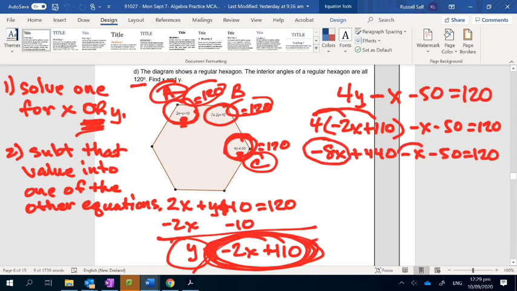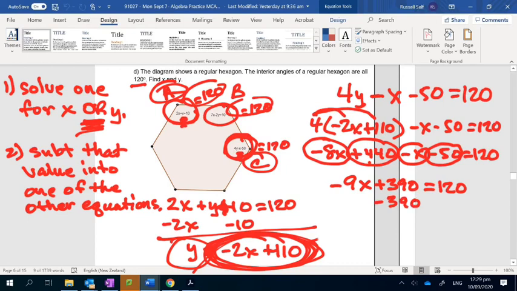I have two variable terms, so let's combine them. Good. I have two numbers on the same side, so let's combine them. What's 440 minus 50 going to make? 390. Positive 390. Still equals what? 120. I need to get the x by itself by subtracting the 390.